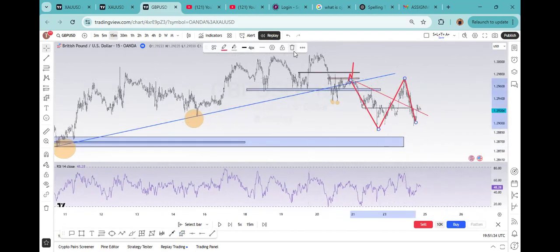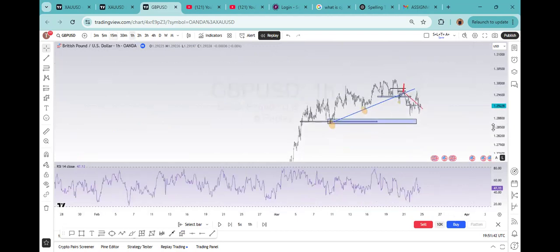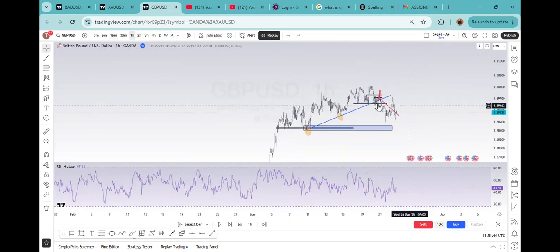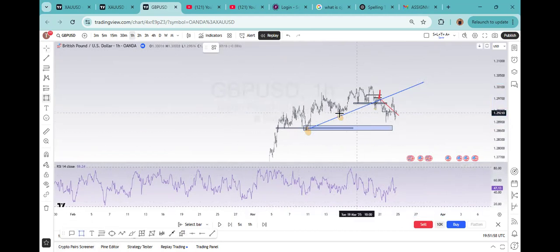And this is where we actually zoom out and see what's going on. Because in as much as we have this trend line here, you still have some structures.